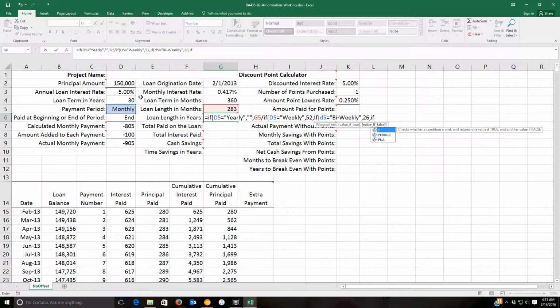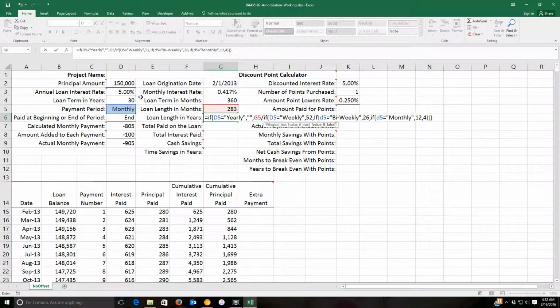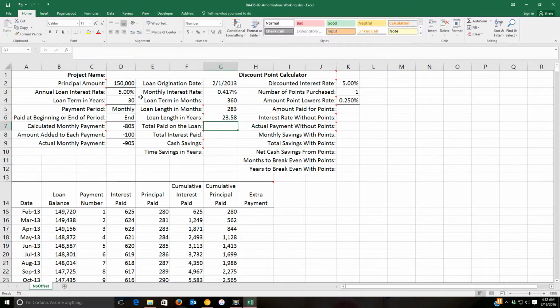Otherwise, if our value in cell B5 equals monthly, then it's going to be over 12. Otherwise, it will be over 4. We've already eliminated yearly, so once we get to quarterly, we're there. I'll go ahead and balance my parentheses. There we have them all. Press enter, and I get the calculation for the loan length in years given our additional payment.